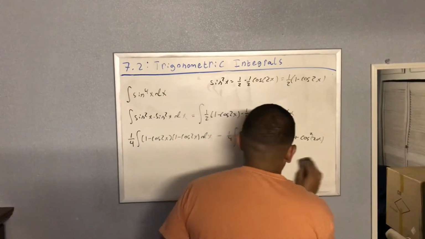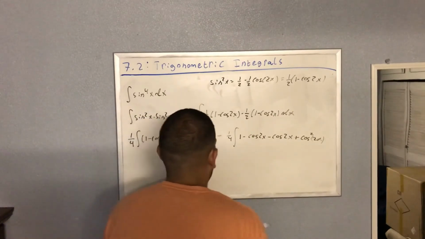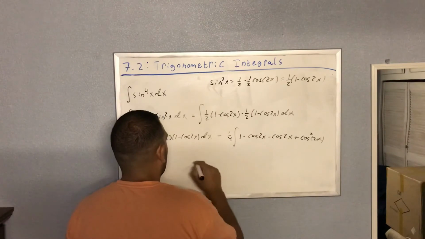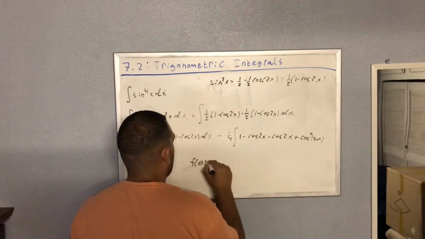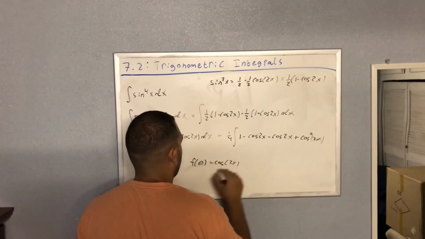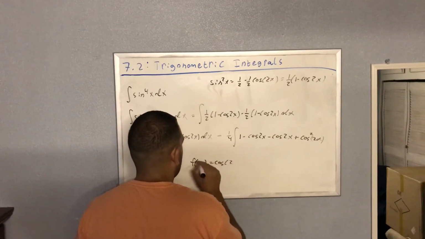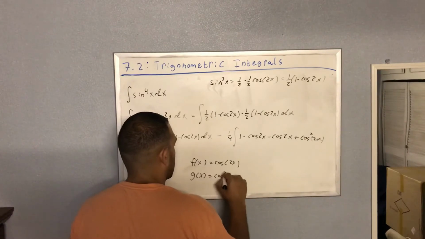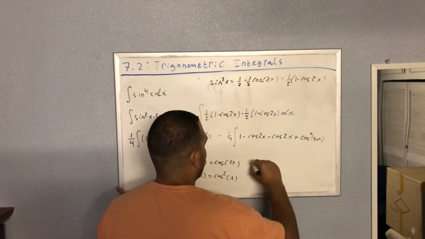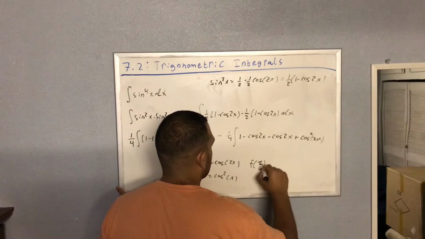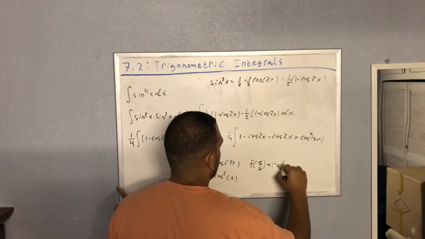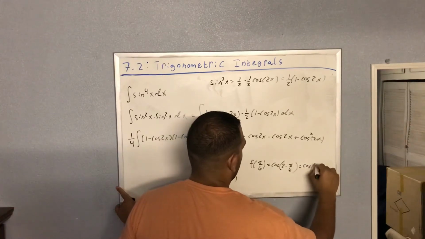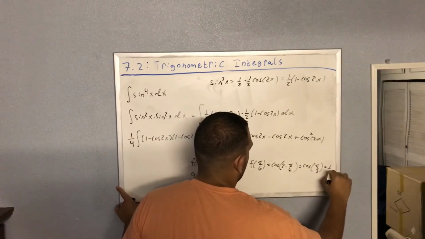Like, for example, let's say we call the first one f of x, which is cosine 2x. And let's call g of x cosine squared x. Then f of pi over 6 would be the cosine of 2 times pi over 6, which is the cosine of pi over 3, which is 1/2.